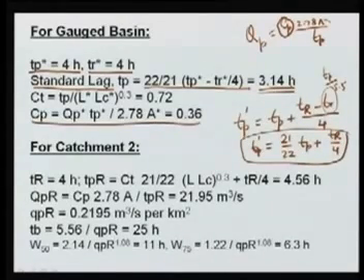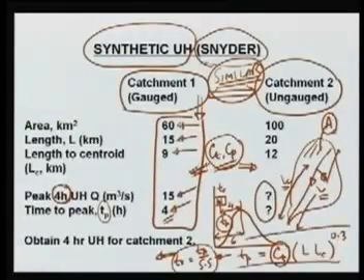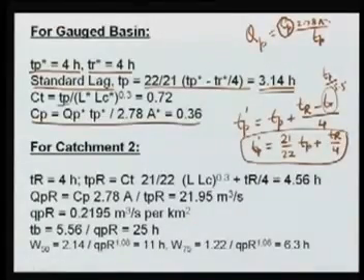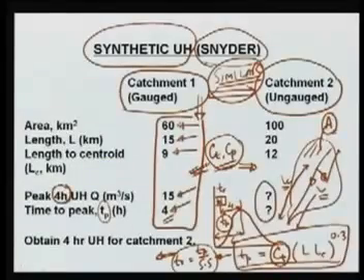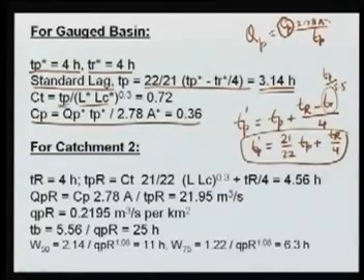So this means that for the given basin, the standard lag should be 3.14 hours, and since we know the equation for standard lag, we can obtain the value of CT as standard lag divided by L star LC star to the power 0.3. For the catchment 1, L is 15, LC is 9. So we have 15 into 9 to the power 0.3, and TP is 3.14 hours. This gives us a CT of 0.72.